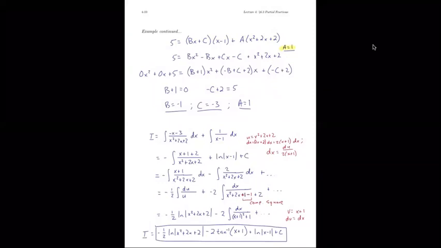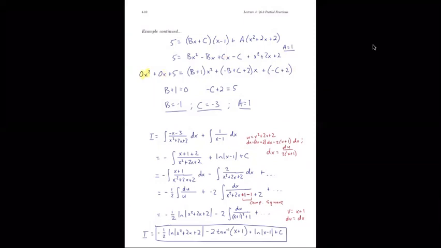So we have bx squared plus x squared, which is b plus 1 times x squared. And then for x, negative bx plus cx plus 2x is negative b plus c plus 2, all times x. So here we are grouping our like coefficients, and the constants follow similarly. It looks like negative c plus 2 are our only constants. On the left-hand side, we still have 5, so we write down 0x squared plus 0x as placeholders plus our constant 5.